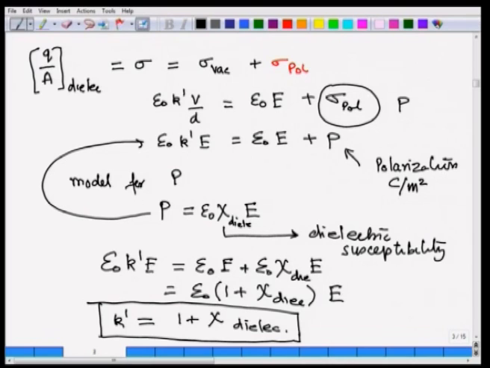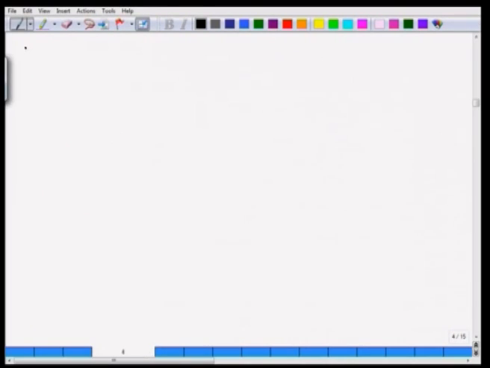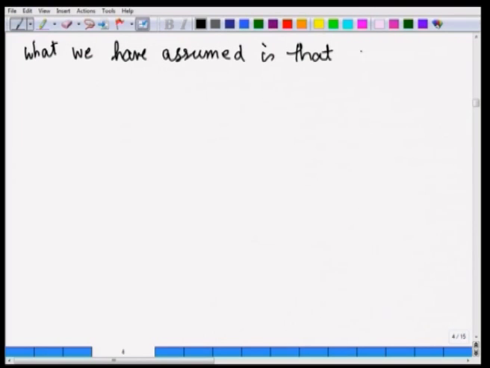Now what I am going to do is something else. What we have so far assumed is that the dielectric is ideal, non-leaky.